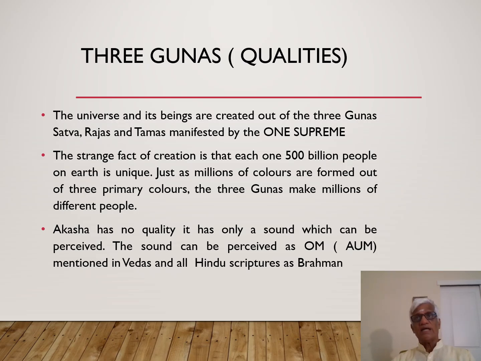Now we say gunas make millions of different people, millions of different characters. The gunas also give rise to the functioning of their internal organs. We will talk about these gunas, which are otherwise exhibited as humors, in the later part of the presentation.